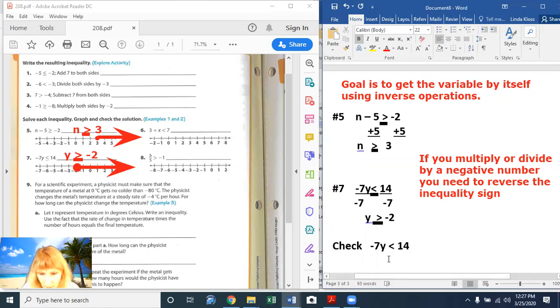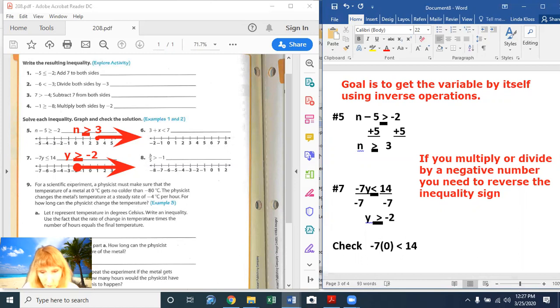Now if I'm plugging in for y, what's a number bigger than -2? We can just use something easy like 0, because 0 is greater than -2, isn't it? So we'll do that. So let's see if that's true. Is -7 times 0 greater than or less than 14?